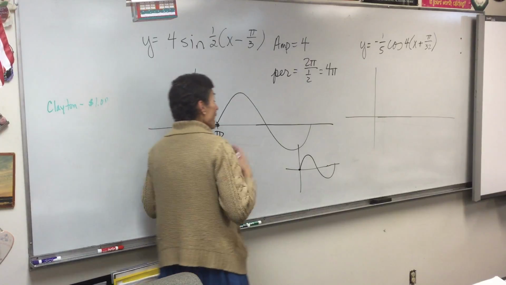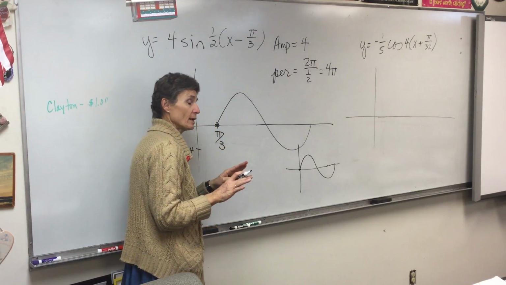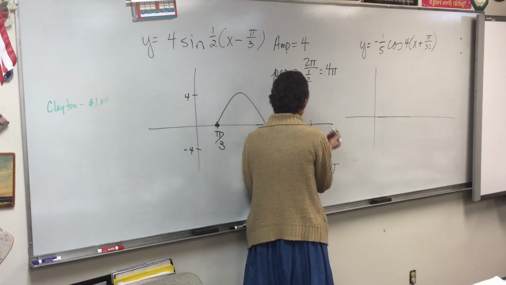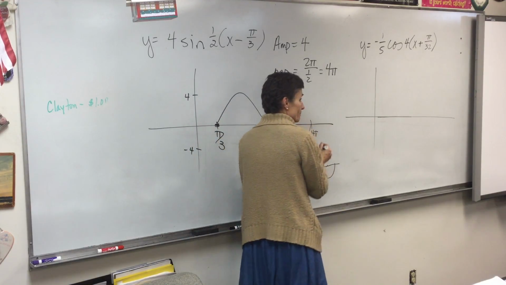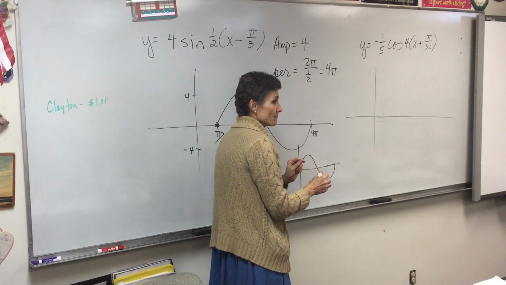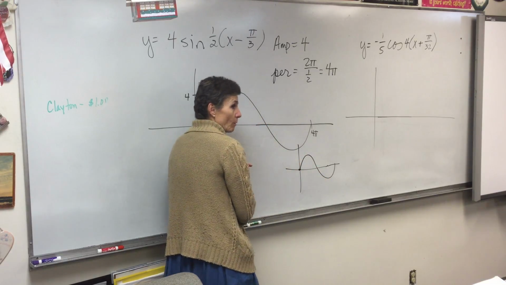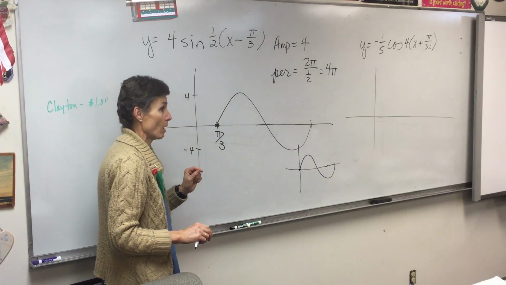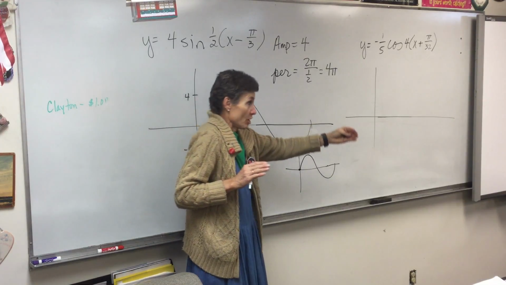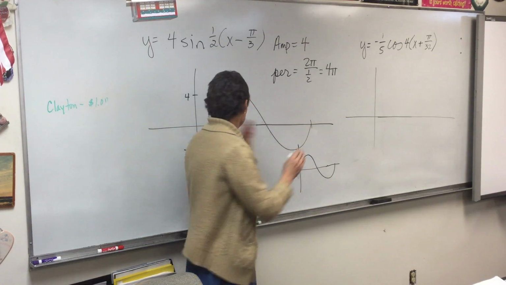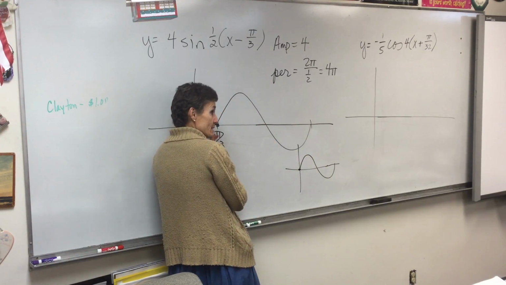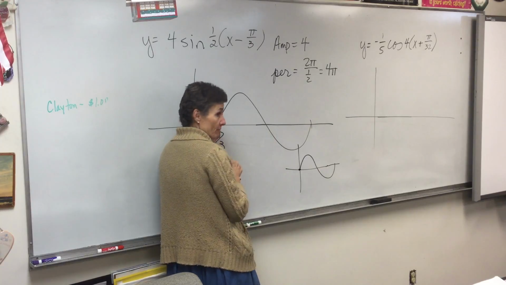Now, I have programmed you. This is my fault. I take complete responsibility. I have programmed you to say, okay, well, it ends at 4 pi. Not this time. Do you see why it doesn't end at 4 pi? Because it doesn't start at 0. The length of it is 4 pi. But since I'm not starting at 0, I'm not going to end at 4 pi.